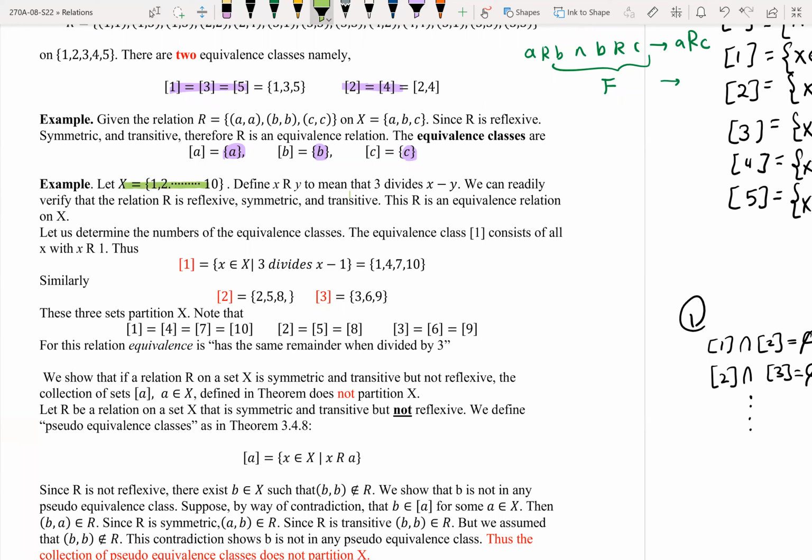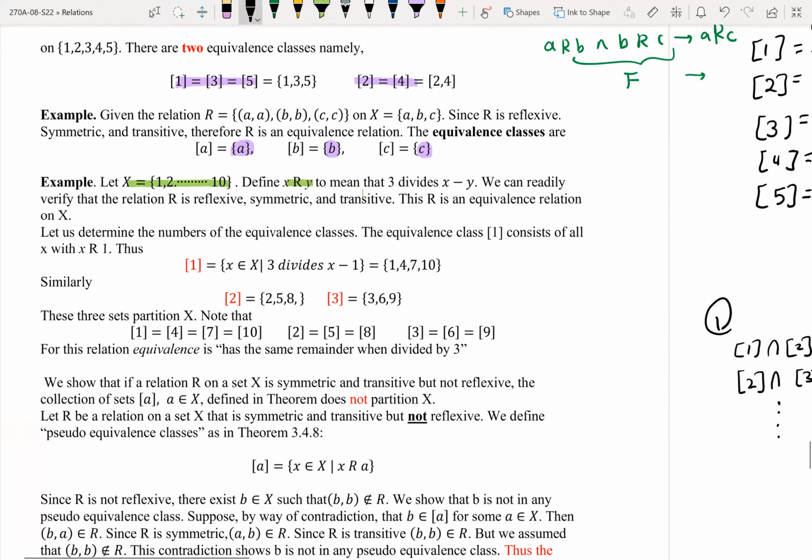This time your set is numbers from 1 to 10. Your relation is defined as 3 divides x minus y. Does it make sense? What's the relation exactly? Let me rewrite it.